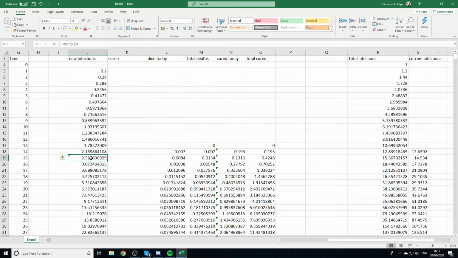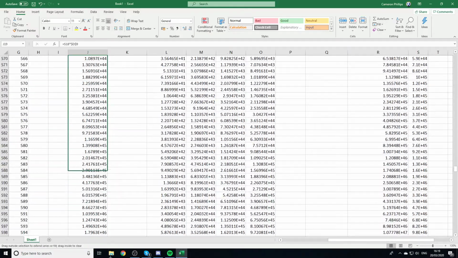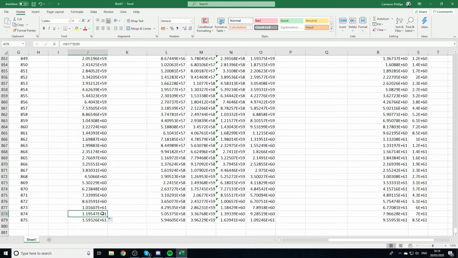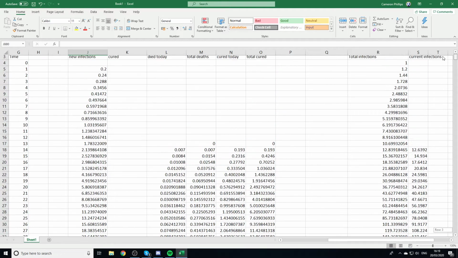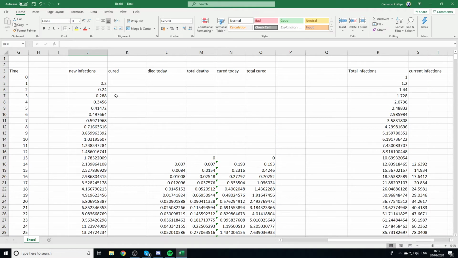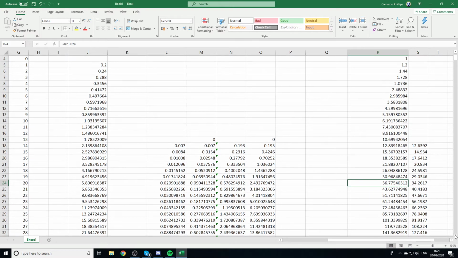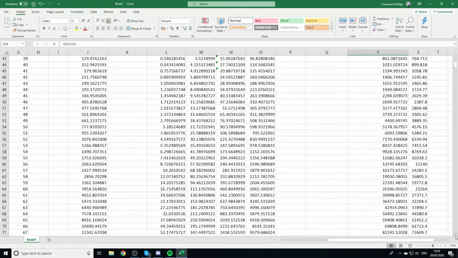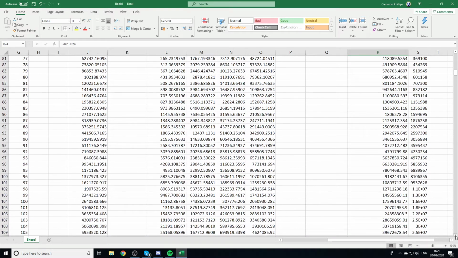And then if I go where I type that in and copy and paste it down, look. Let's see what that's done. So we have got new infections, which are based on our current infections, and we have our total infections, and you see how it builds.